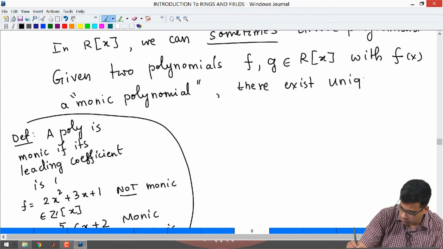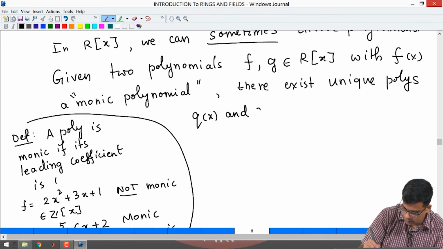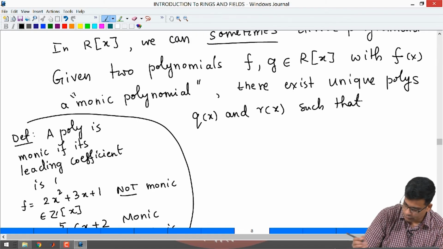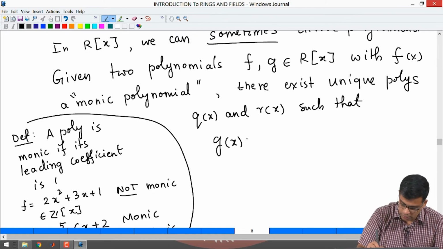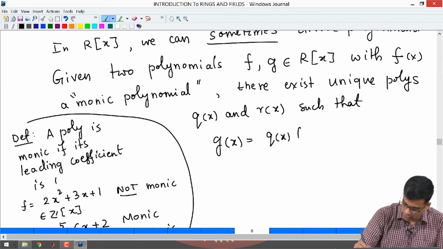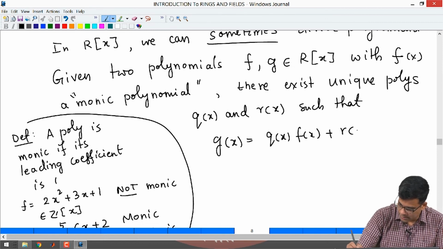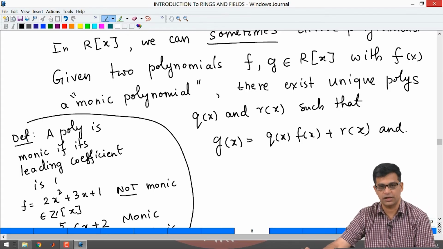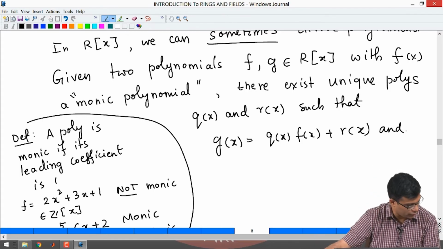unique polynomials q(x) and r(x) such that we can write g(x) as q(x) times f(x) plus r(x), and the r(x) obviously stands for the remainder for this division.